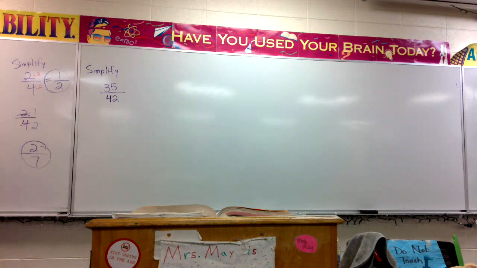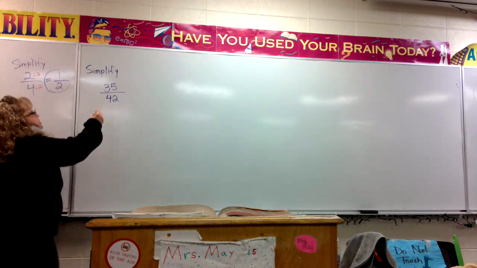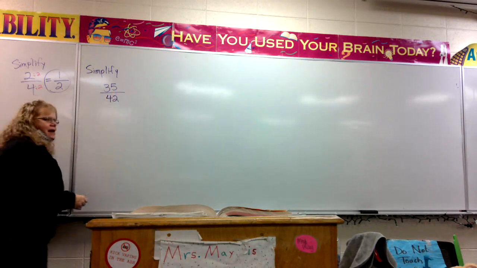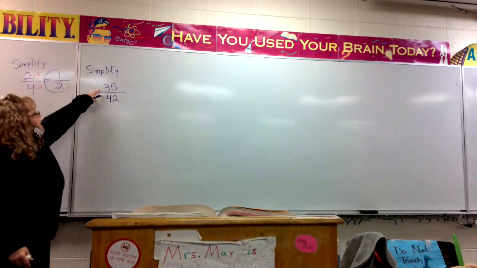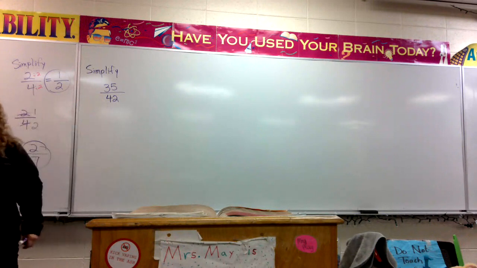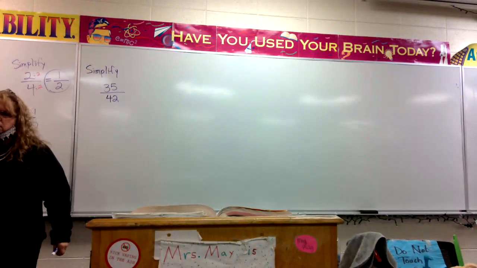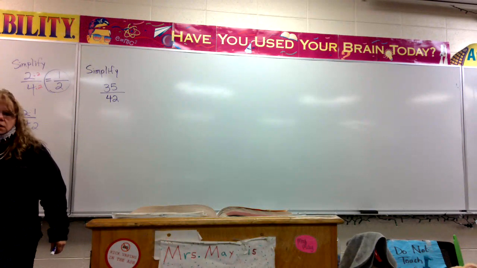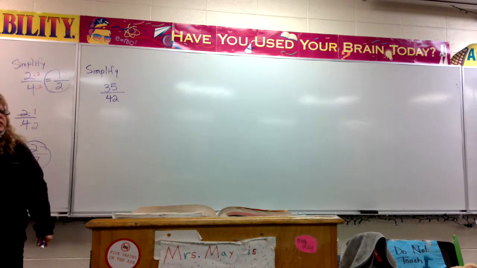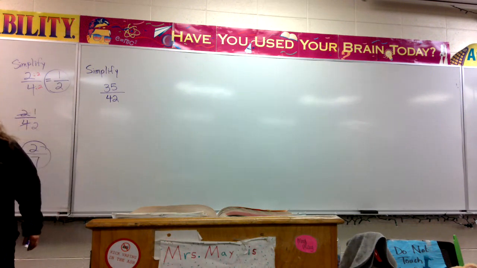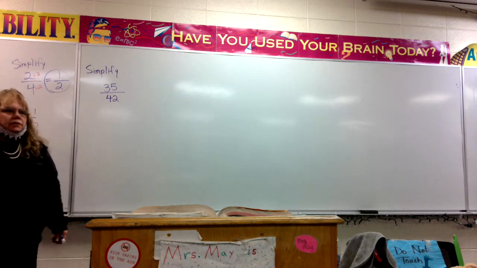We're going to be reducing fractions or simplifying. So we're going to be looking for something that's common to both the top and the bottom. In this case, 35, 42, what's common to both? 7. You can just say it. You don't have to raise your hand. 7.